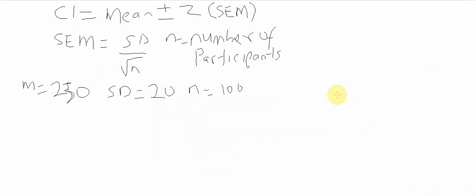Now they're asking us for the confidence interval. So once you know the formula, I think you'll be able to tackle this kind of question. We'll start by solving for the standard error of the mean. The standard error of the mean here is standard deviation over the root of n.